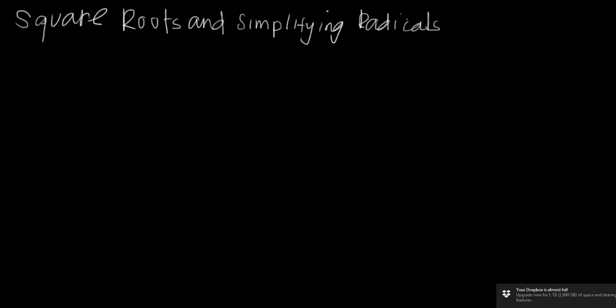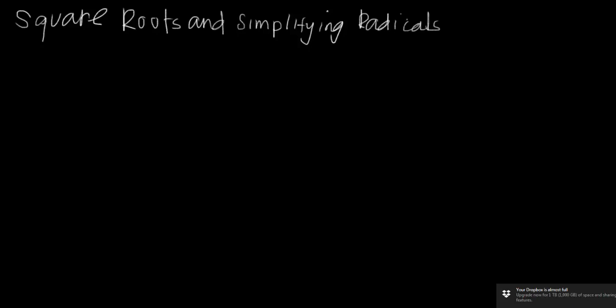Before we talk a whole lot about finding a square root and simplifying radicals, it's really important to know what a perfect square is first. A perfect square, when you square something, let's just go through the integers 1 through 10.